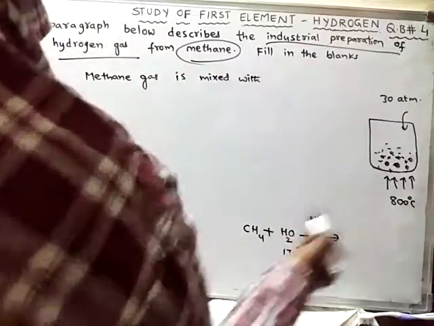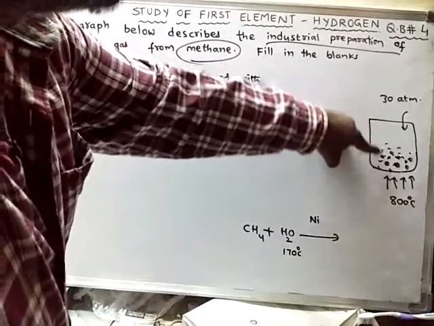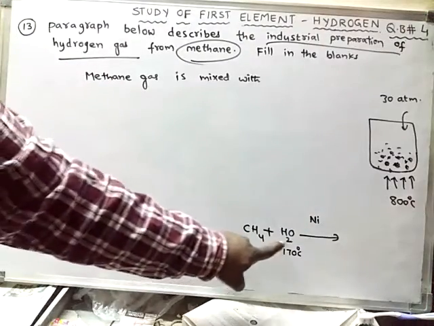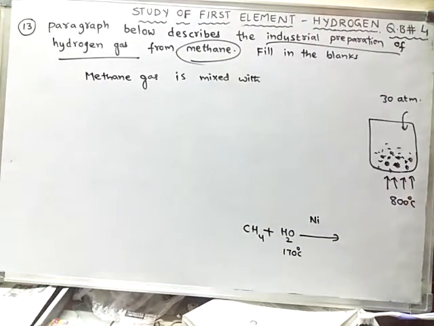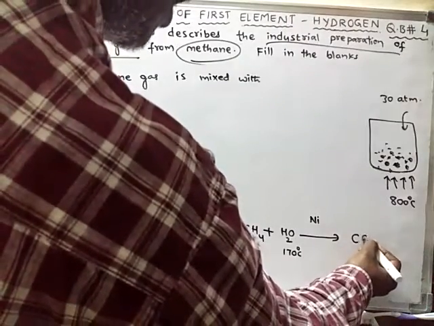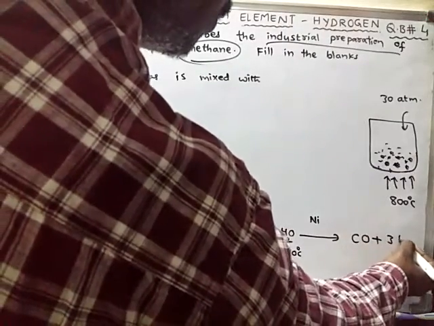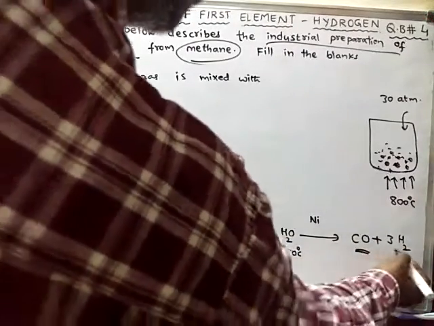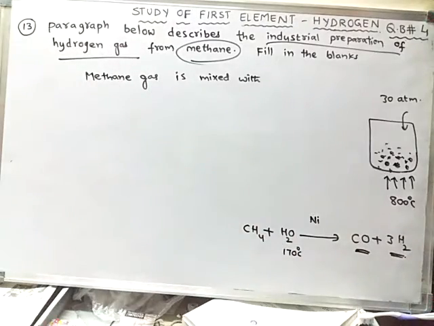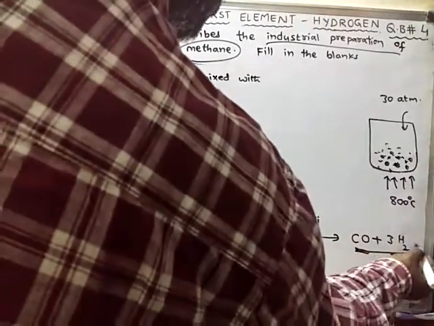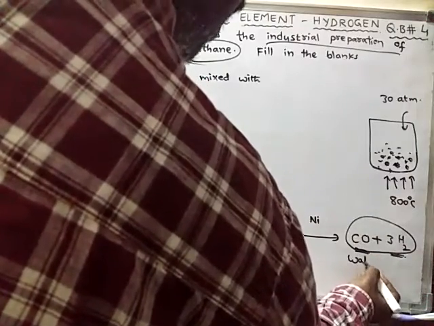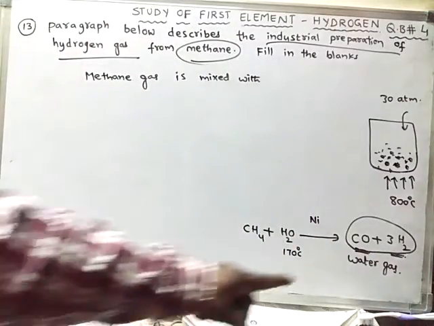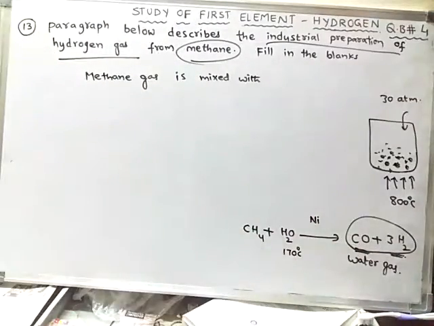Only under these conditions, under very high pressure, at 800 degrees centigrade, and in the presence of nickel, will these two substances react to produce a mixture of carbon monoxide and hydrogen. That means 1 part carbon monoxide and 3 parts hydrogen by volume are formed. This mixture is said to be water gas. From this water gas, hydrogen gas is finally prepared.